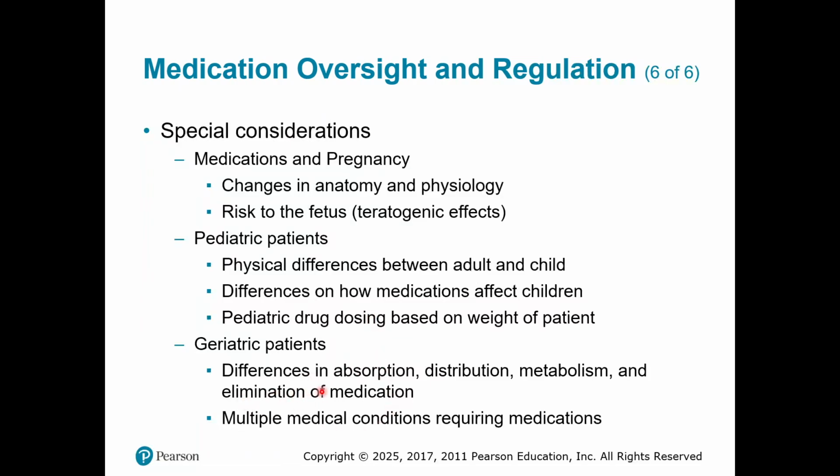Then you have your geriatric patients, because their absorption and how they get rid of medication, along with their metabolism, is completely different than that of an adult patient. So all of that has to be considered. Multiple medical conditions requiring medications in your geriatric patients.